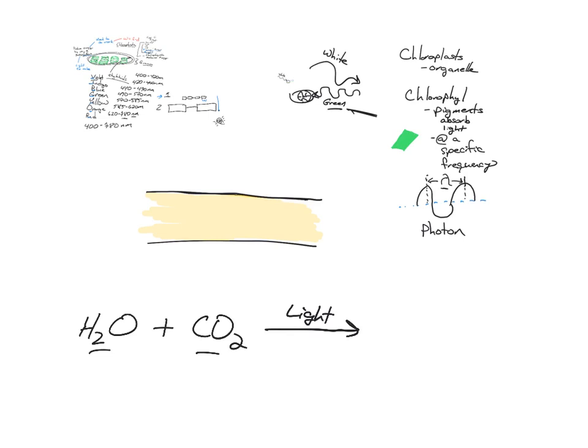We're going to take that light energy and put it into chemical bonds. And this is the molecule of energy across the planet. All photosynthesizing organisms make this thing. What is this? Sugar.